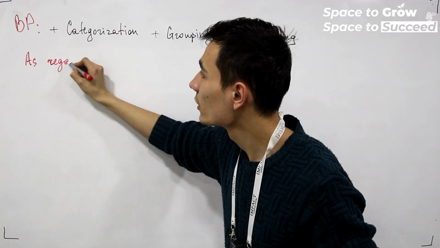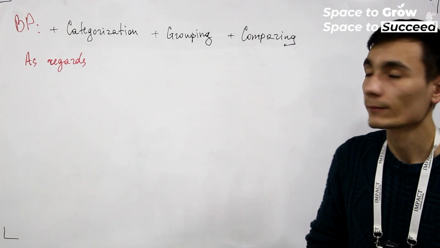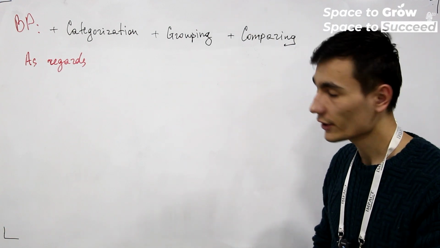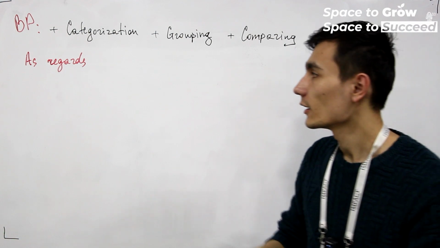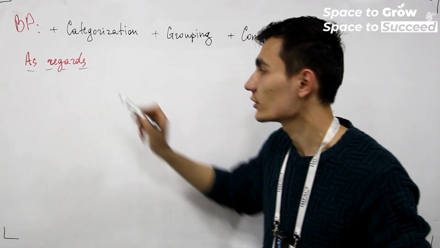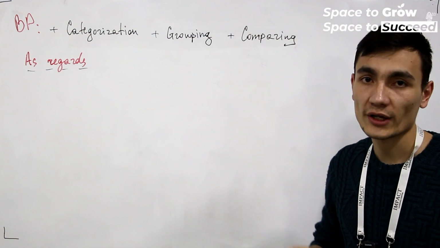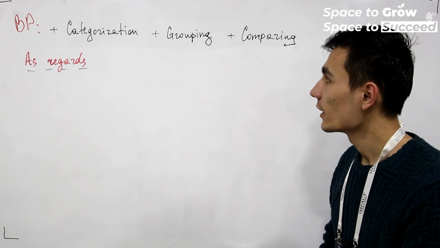As regards. So I'm going to use a red marker to show the linkers, connectors, and the most important words so that you understand what to look at, which information you have to pay attention to. So as regards the what?